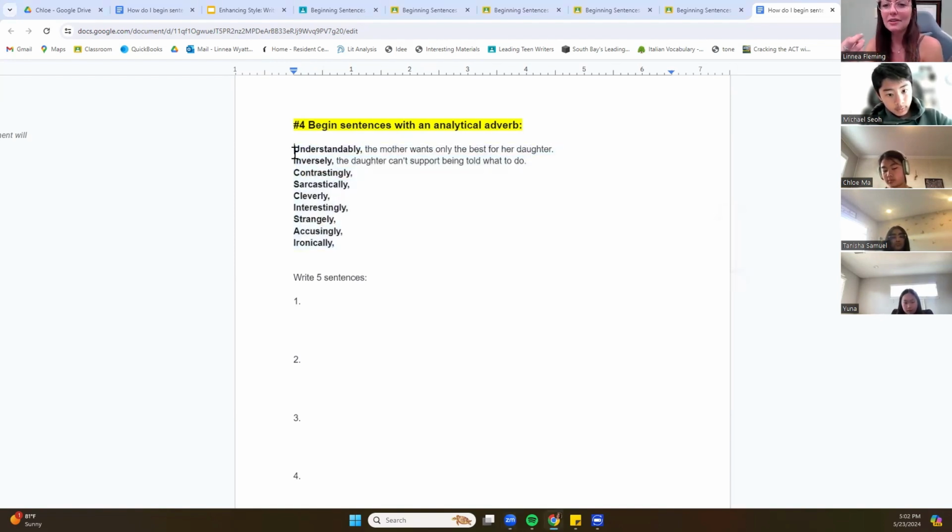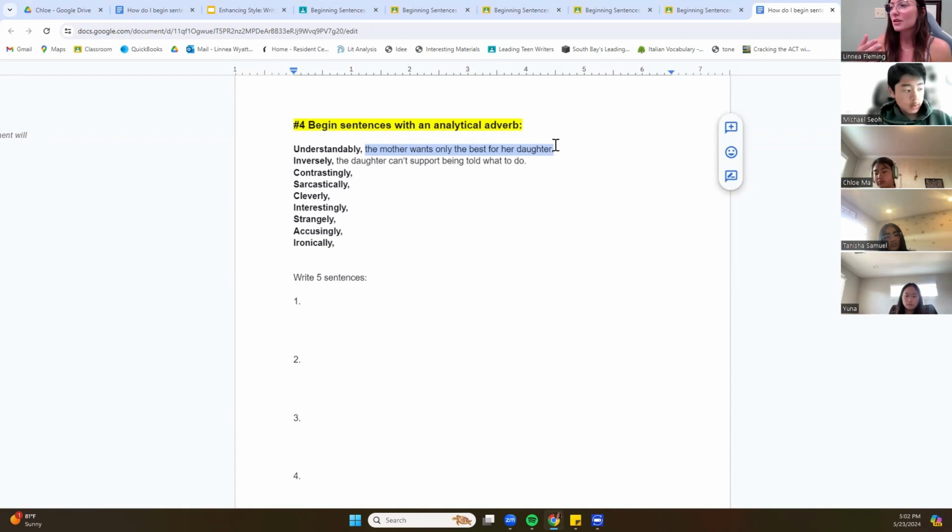The idea is that the adverb should add something analytical. It should add something in which you're trying to get a little bit more in depth about the situation. So, for example, if I read this sentence without the adverb, the mother wants only the best for her daughter.